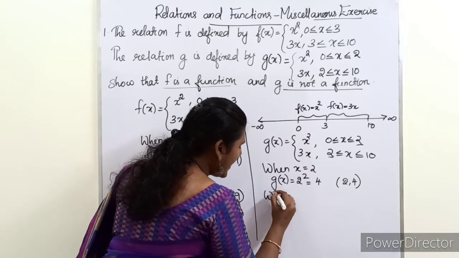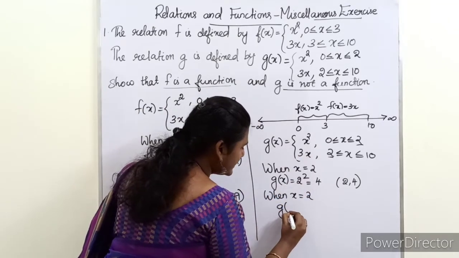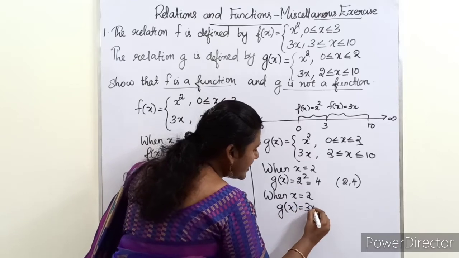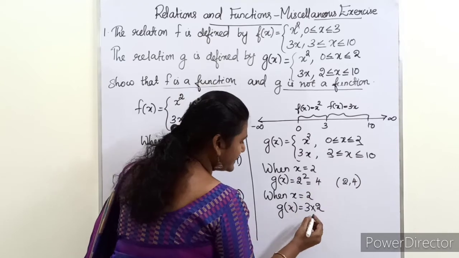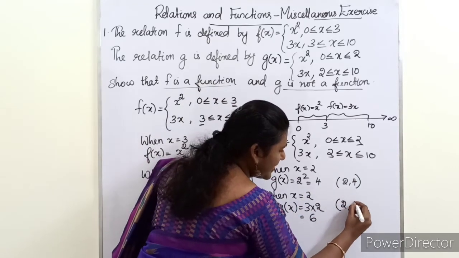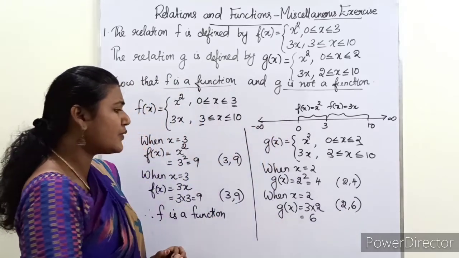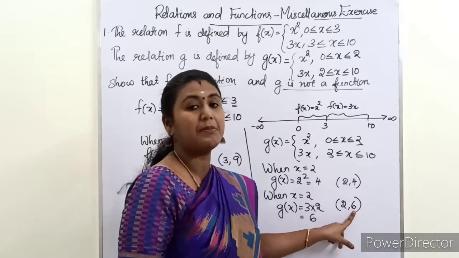Now for the same value x is equal to 2, we use the second condition, that is g of x is equal to 3 into 2. So 3 twos are 6, and the ordered pair is (2, 6). Here, for the same first element we got two images.